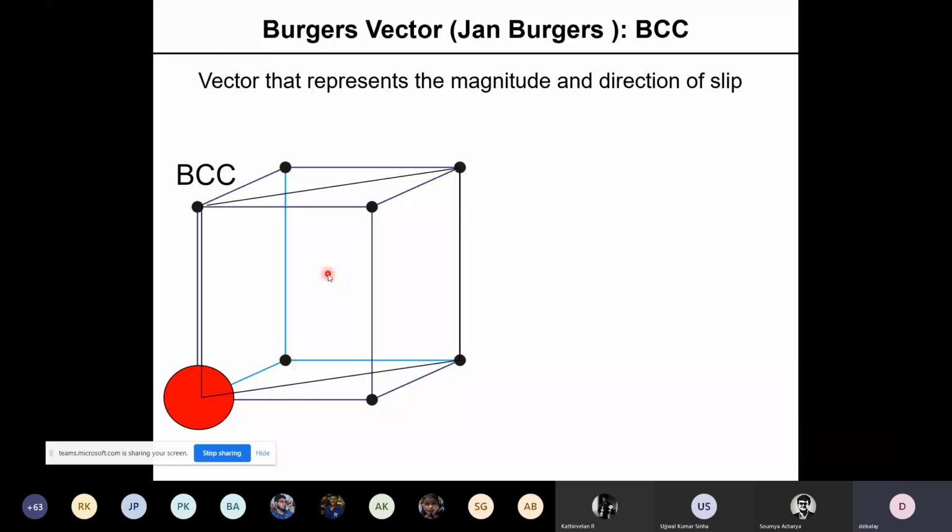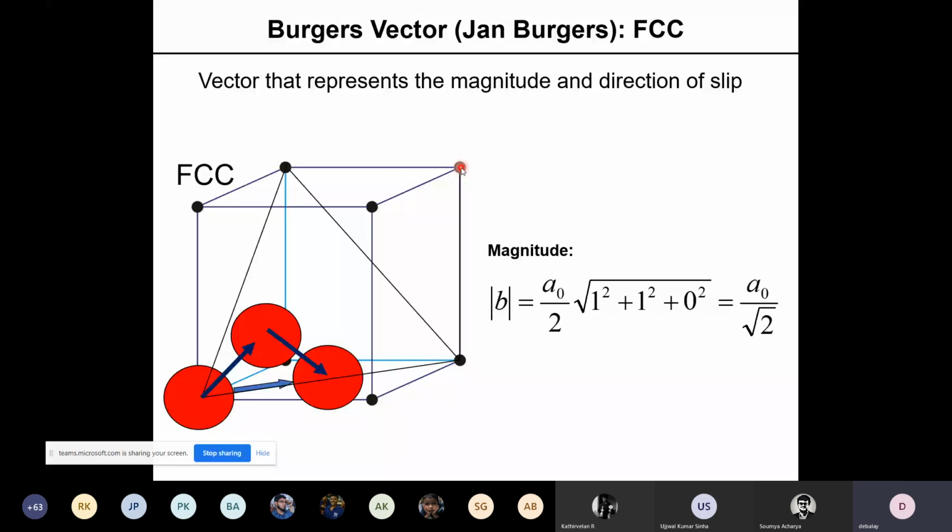In FCC, the movement I showed was a perfect movement on the 111 plane, and the direction is 110. So the Burgers vector has that direction.